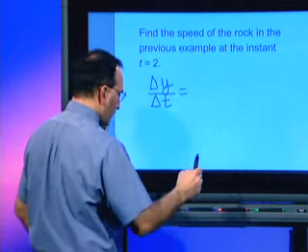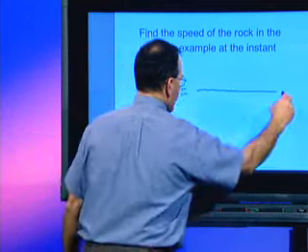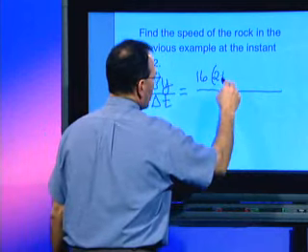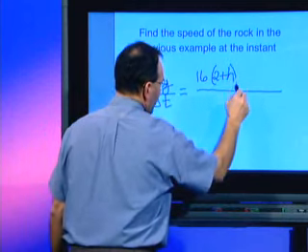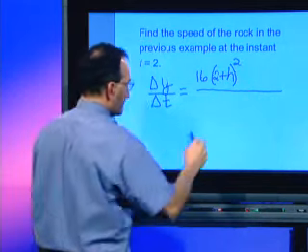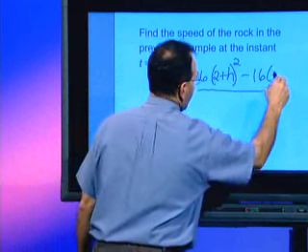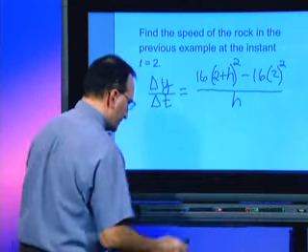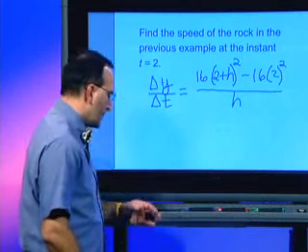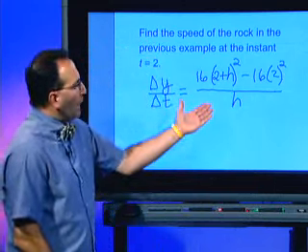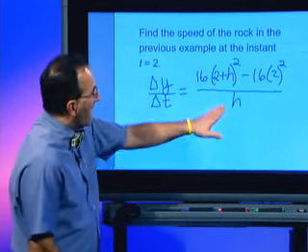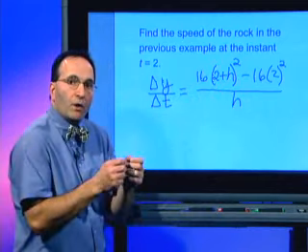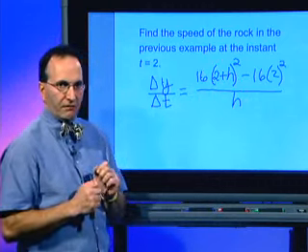It would be equal to 16 times the quantity 2 plus h squared minus 16 times 2 squared, all over h. And what we're looking at is what's going to happen to this formula as h gets very close to 0. In fact, we're going to look at what's called a limit as h goes to 0.